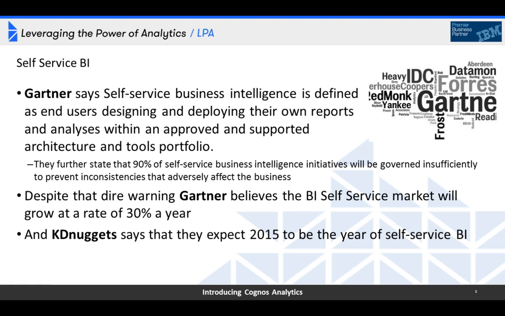So in other words, this is not about people going maverick and downloading tools off the web or bringing in unsanctioned tools. Self-service business intelligence, from a Gartner perspective, is the ability for end users to leverage a portfolio of tools that is approved and supported by their organization.